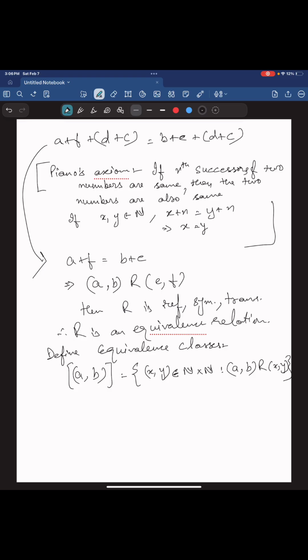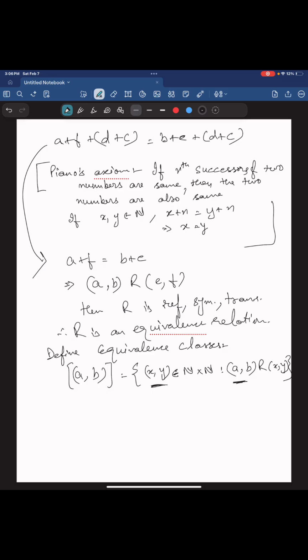So the equivalence class of one point is the set of all those points which are related to that point. All the points related to (a, b) form the equivalence class.